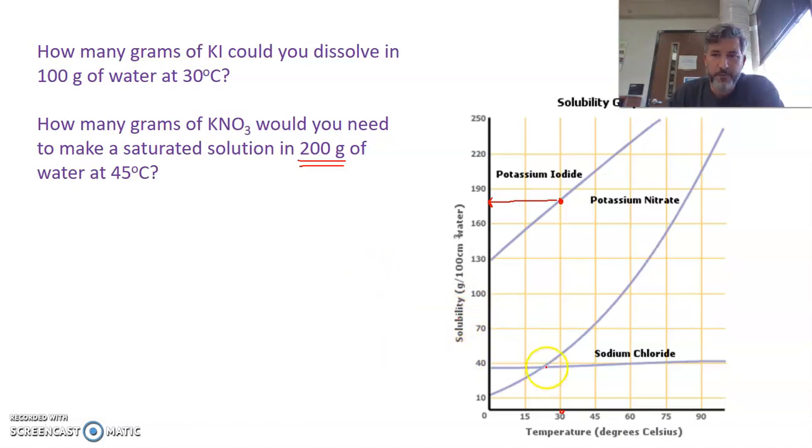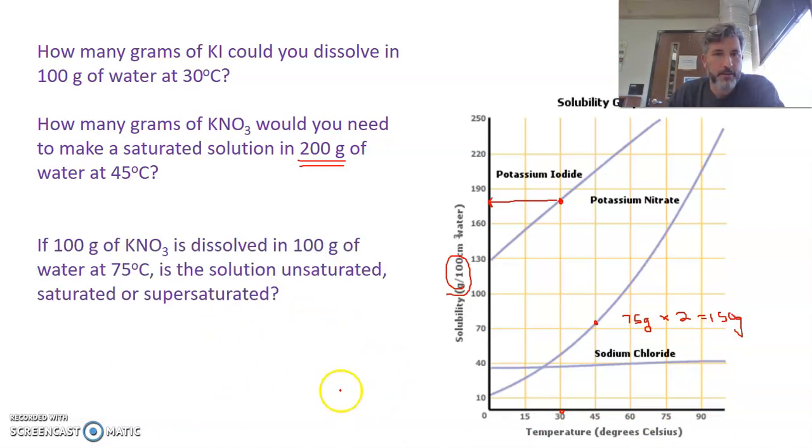So at 45 degrees Celsius, and we're talking about potassium nitrate this time, I just follow it up, and it looks like it hits at about 75, right? So 75 grams, but because this is per 100 grams of water, and the question is asking about 200, I'm simply going to multiply by 2, and so that should give me about 150 grams of potassium nitrate. Okay?